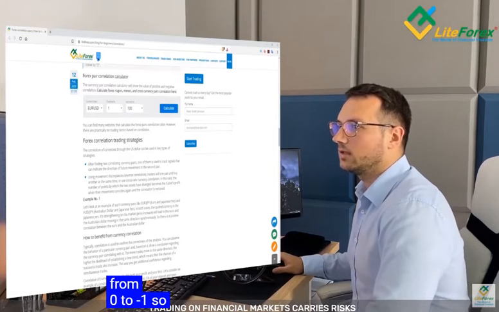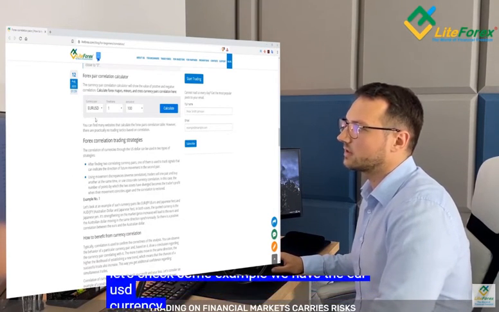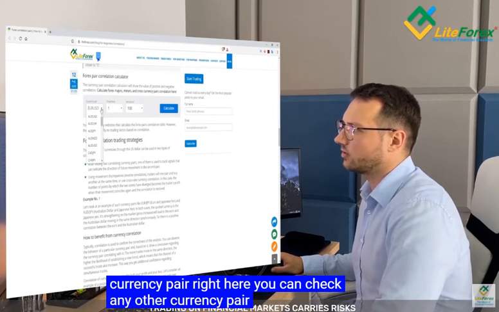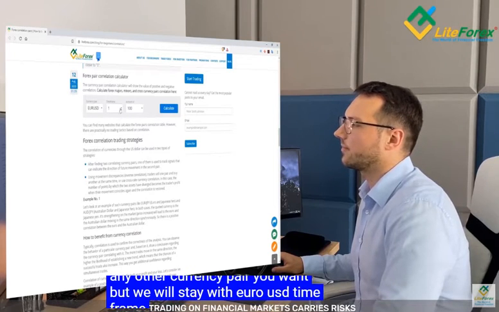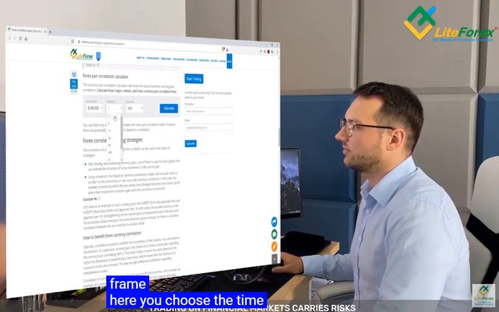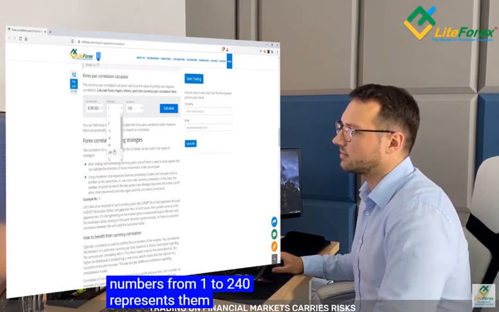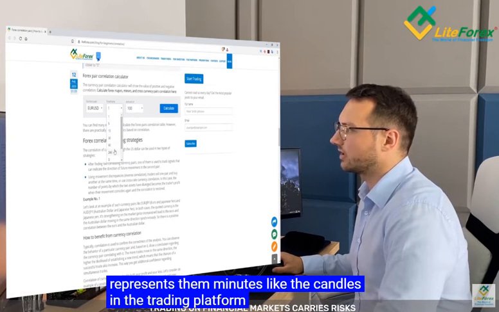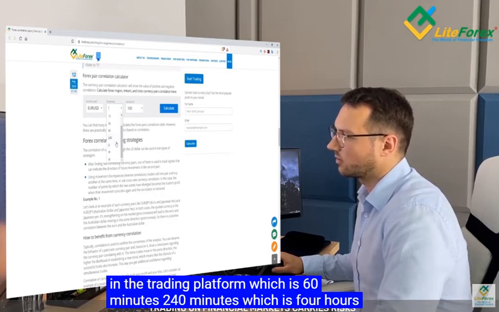So, let's check some examples. We have the Euro-USD currency pair. Right here you can check any other currency pair you want, but we will stay with Euro-USD. Here you choose the time frame. The numbers from 1 to 240 represent the minutes, like the candles in the trading platform: 60 minutes, 240 minutes, which is 4 hours, right?